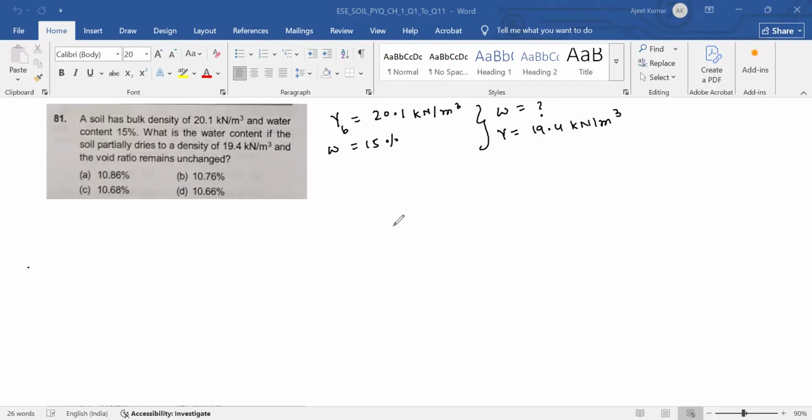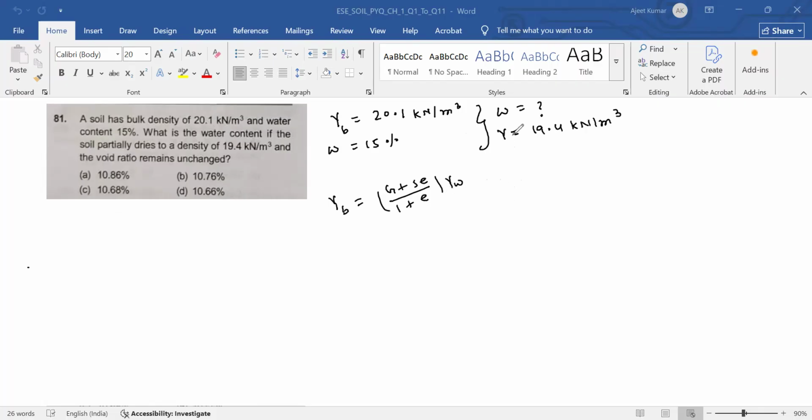So what is gamma b? Gamma bulk is equal to (G plus Se) divided by (1 plus e) into gamma w, and e, the void ratio, is unchanged. Here only S is changing. G will remain the same, gamma w will remain the same.